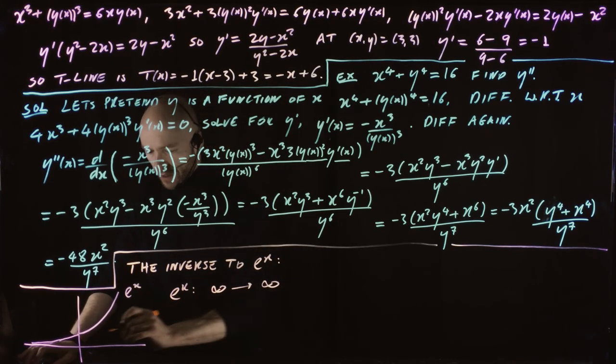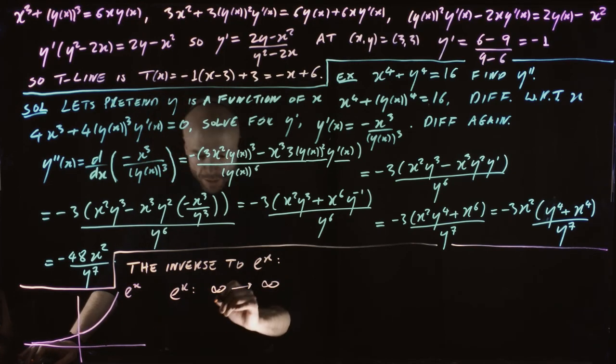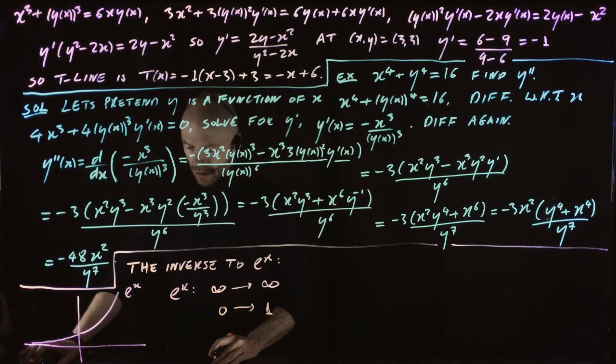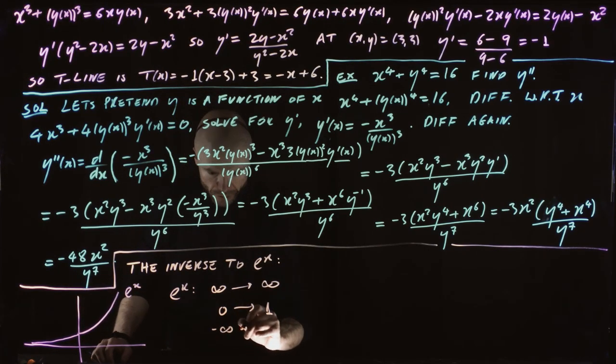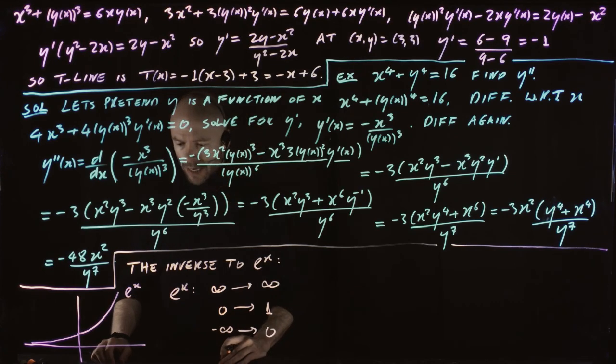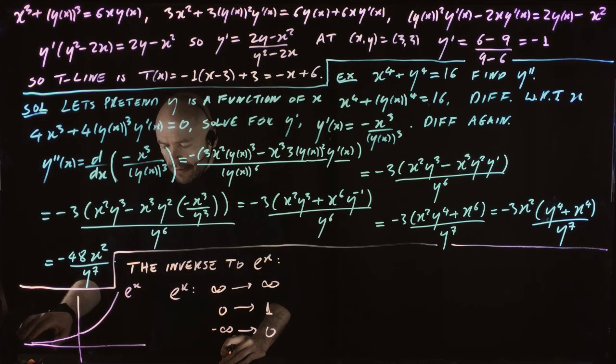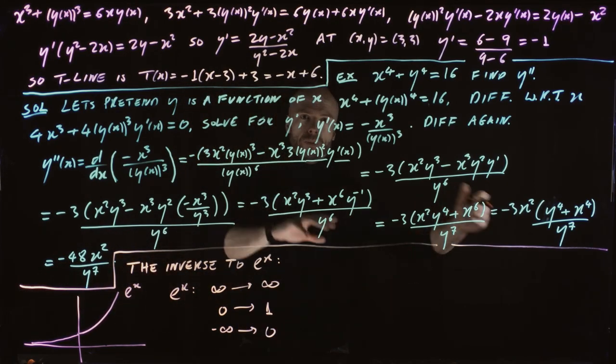What else does it do? It sends 0 to 1, right? As we go towards negative infinity, it goes towards 0. So negative infinity goes towards 0. And what else does it do? Every value of e to the x is positive, right? So it's sending the entire real line to the positive real numbers.